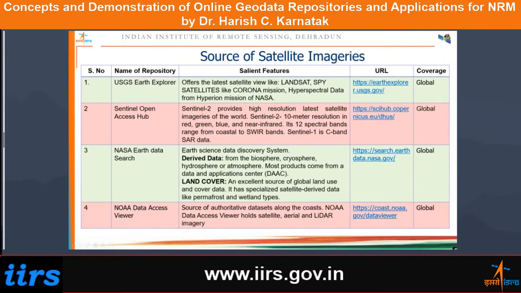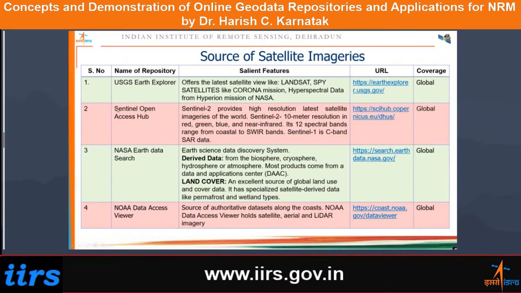You can search for this data, and the last 40 years of data from the Landsat mission is available in the open domain. You can download this data, you can access it for your own project, and they provide complete global coverage of this data. It's not restricted to any specific region.